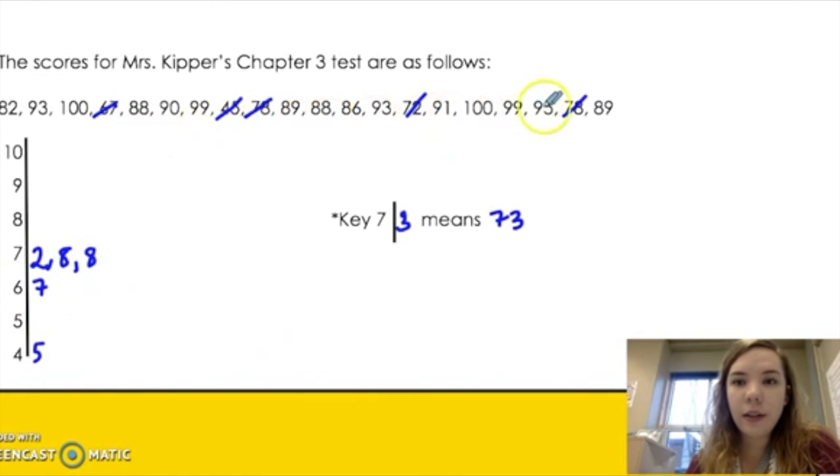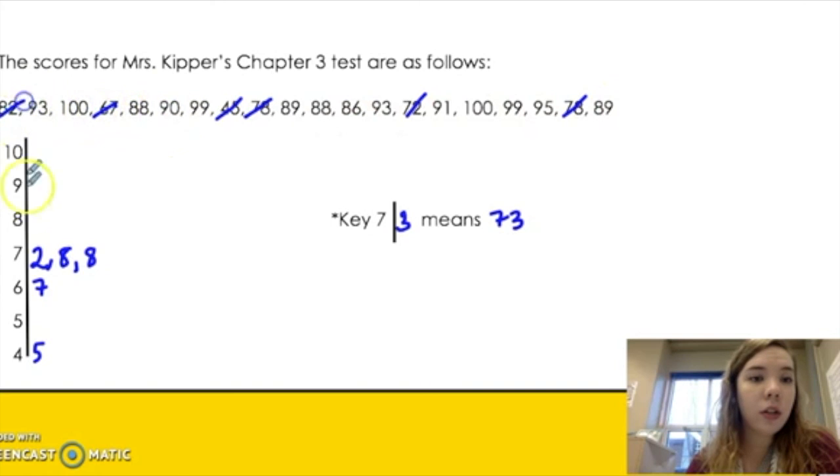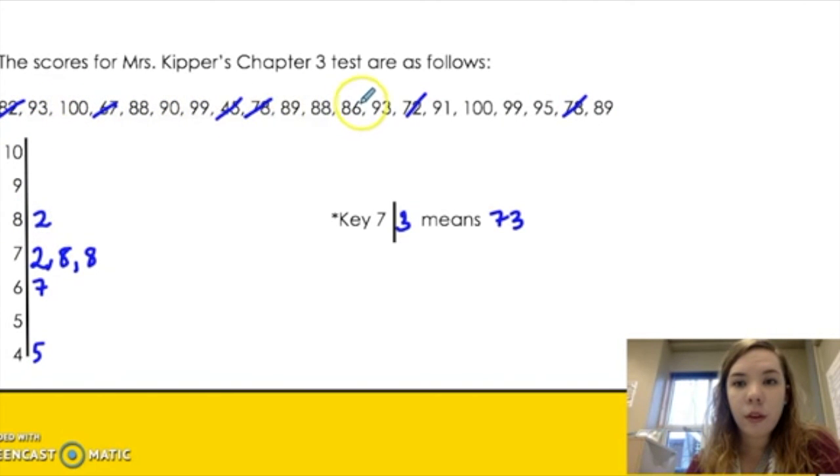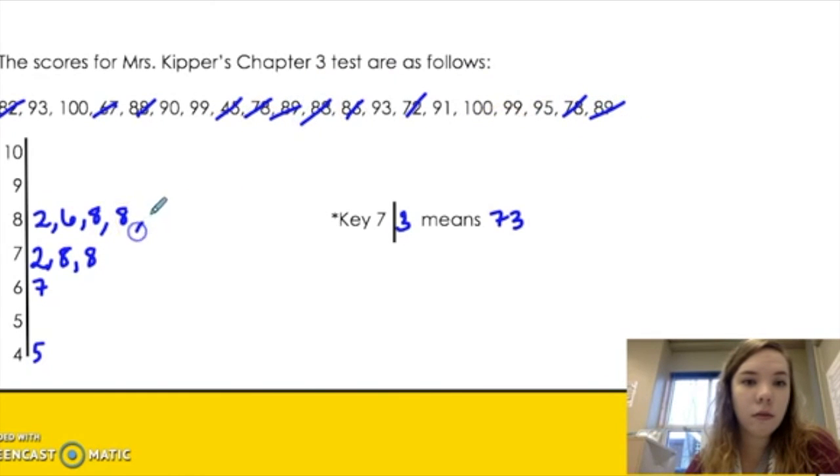For our 80s, it looks like 82 is the smallest. Then we have 86, a couple of 88s, and a couple of 89s.